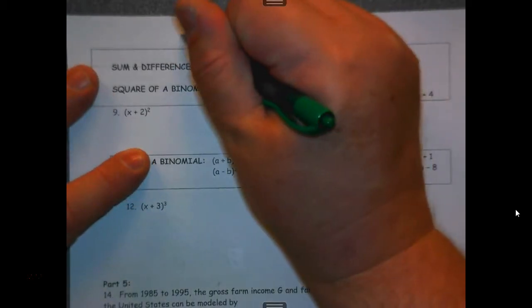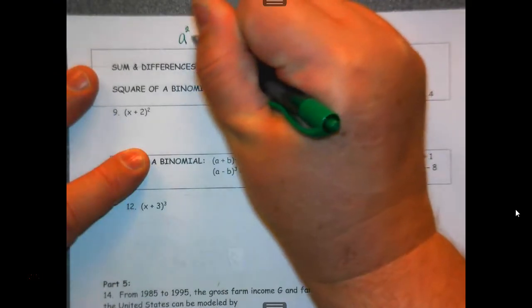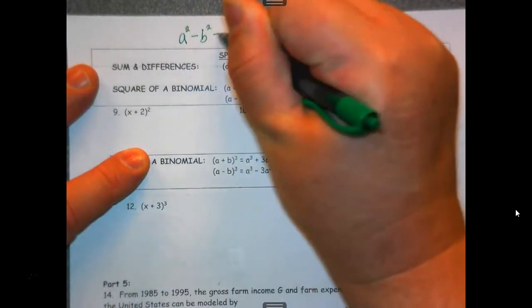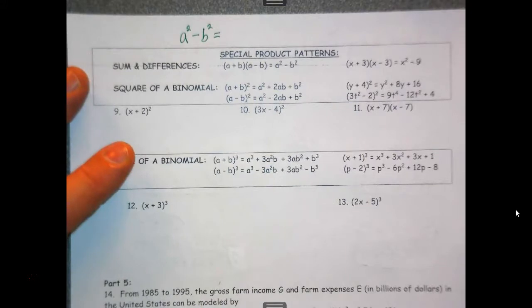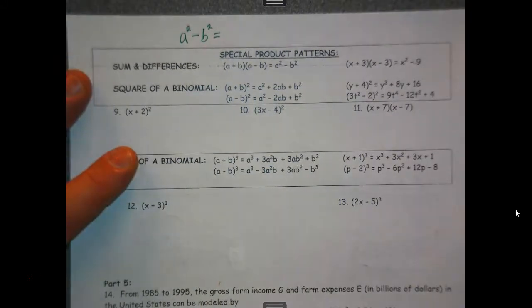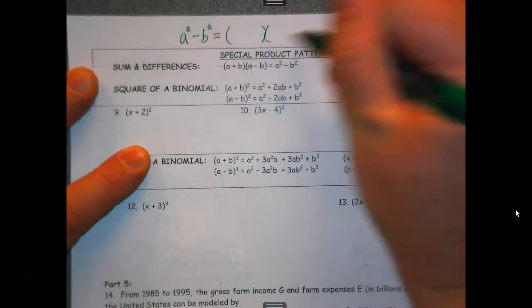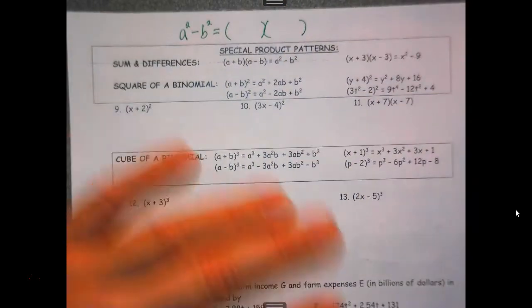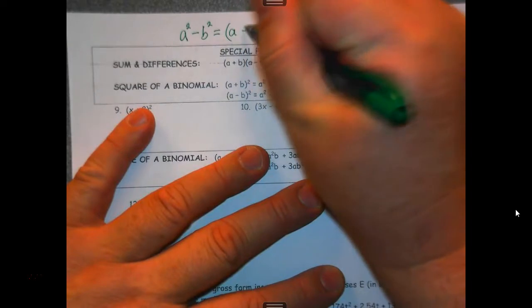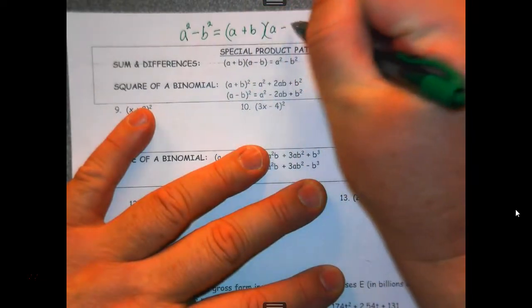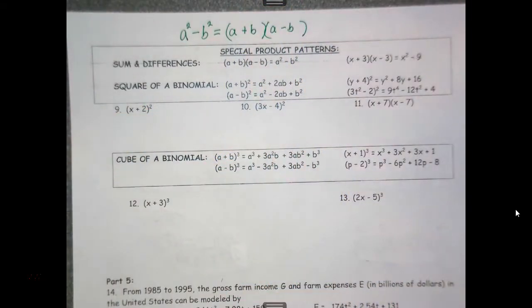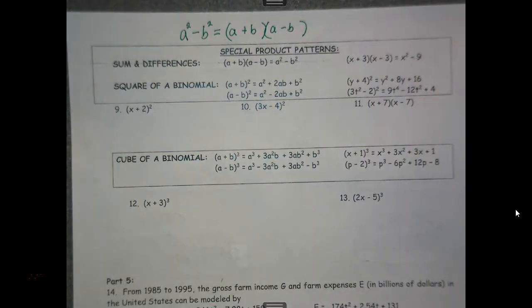Where we had the product form a squared minus b squared. We had a shortcut to go directly to the factored form, right? Anybody remember what that was? A plus b, a minus b. This is yesterday's.